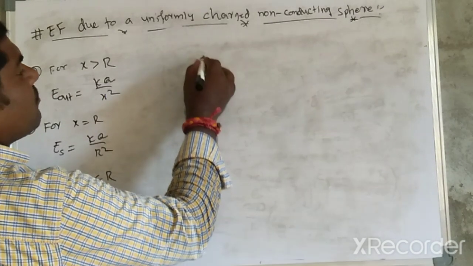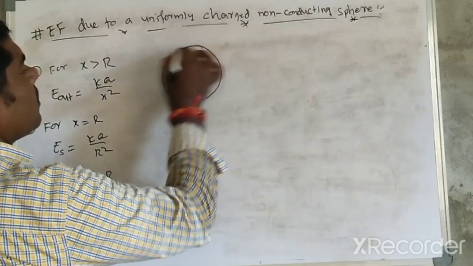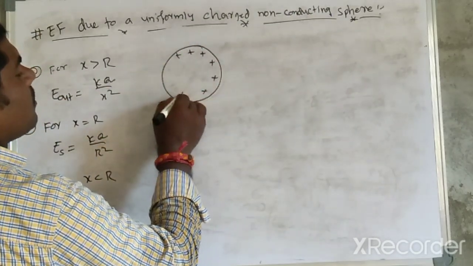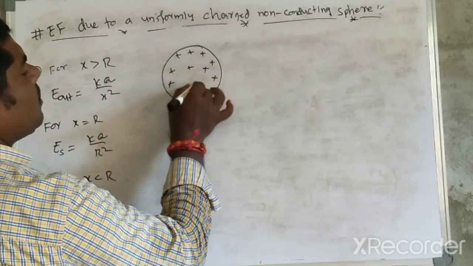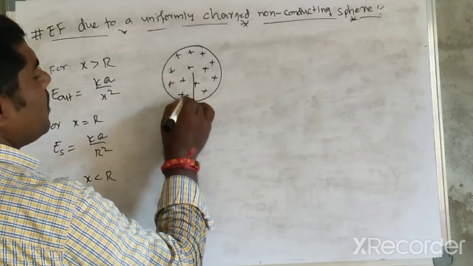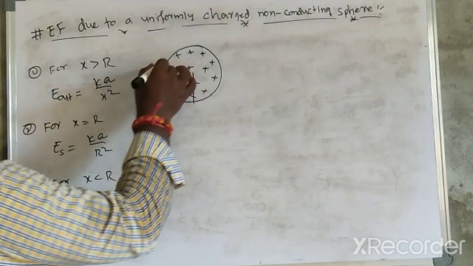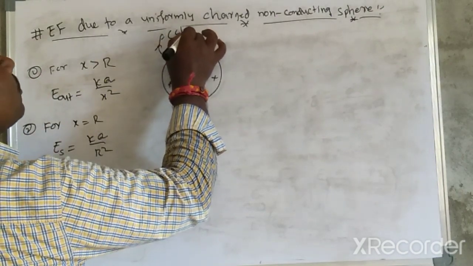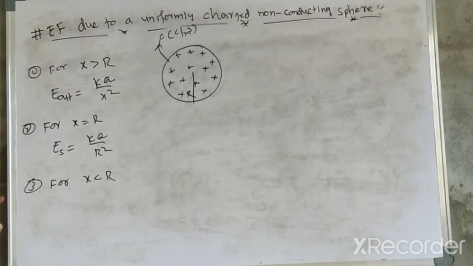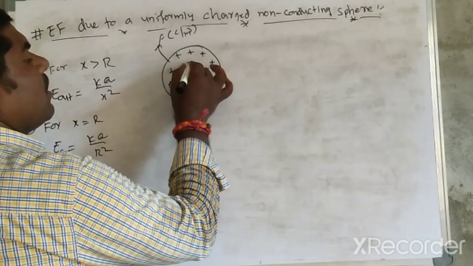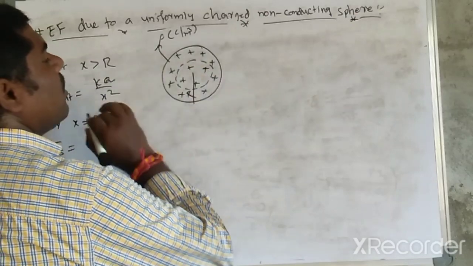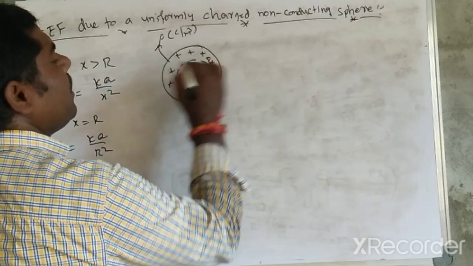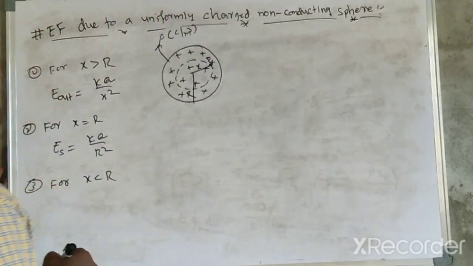Let us consider this one Gaussian surface, at distance x to the point P.